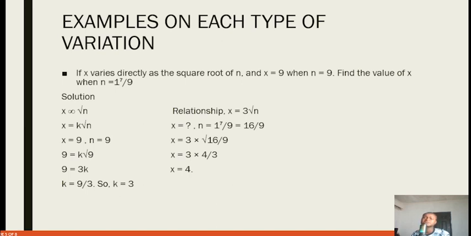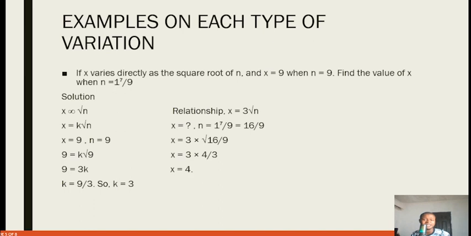Obviously this is a mixed number, or mixed fraction, so we are going to change the mixed fraction back to an improper fraction for easy solving. So we change it back and we get 16 over 9. So we substitute back for n in order to get the value of x. At the end of the day we get the value of x to be 4.